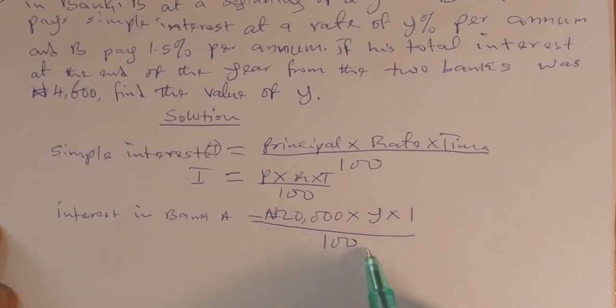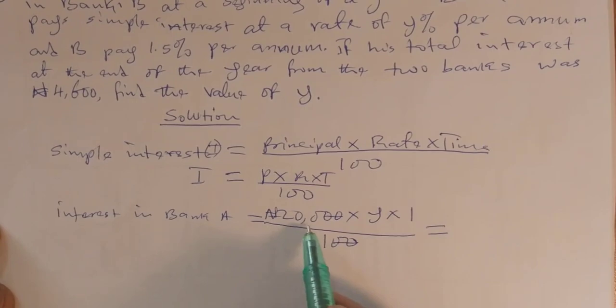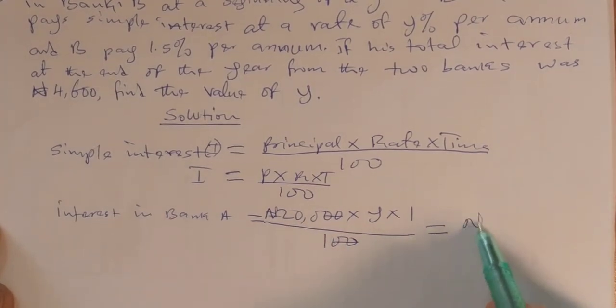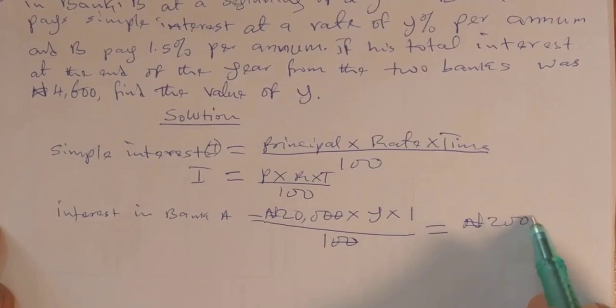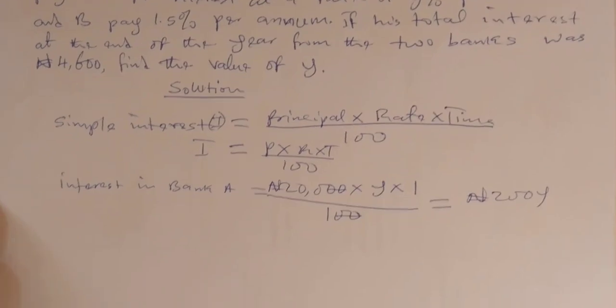Then divide by 100, so two zeros will cancel two zeros. We are left with 200 here. So the interest that will be gotten here is 200Y. I hope you are following.